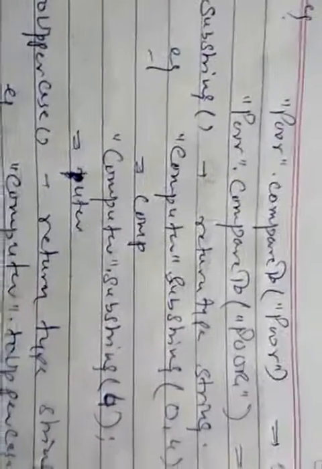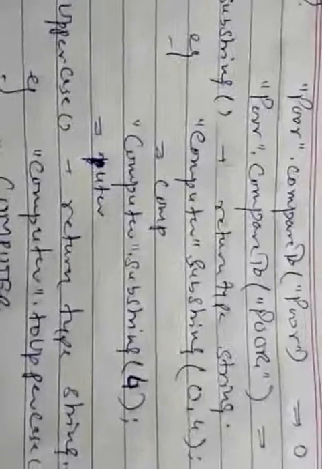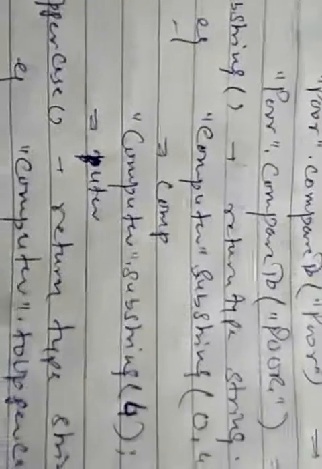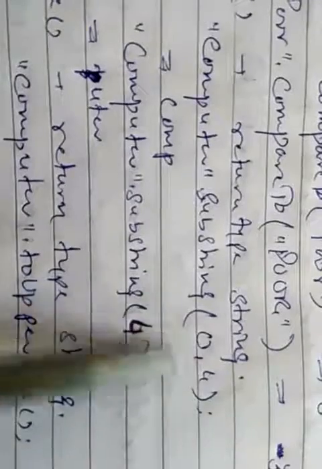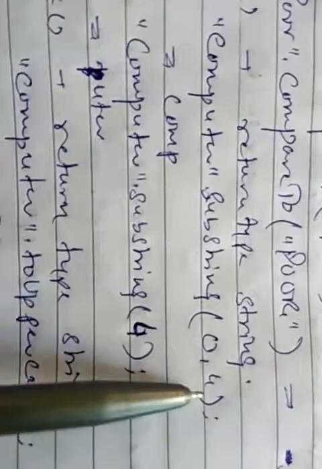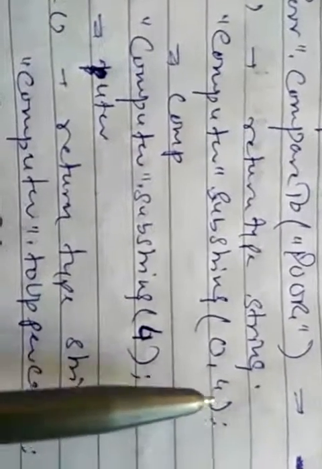Next function is substring. This is used to extract a string from a string, and the return type of this function is string, and we can use this function in two ways. Example, computer.substring(0, 4), this is the starting position and this is the last position.